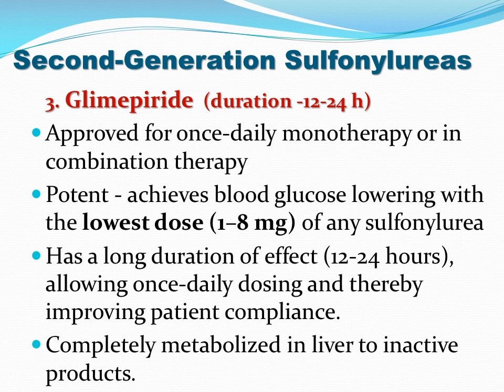It has a long duration of action reaching up to 24 hours, allowing for one daily dose. Therefore, it will improve patient compliance. It is completely metabolized in the liver to inactive products.